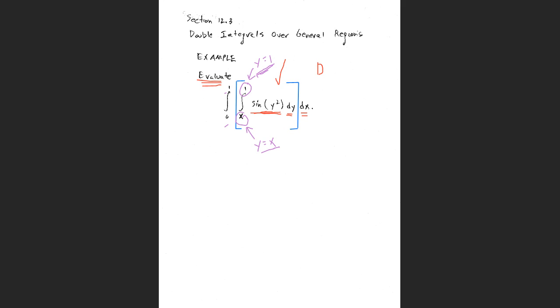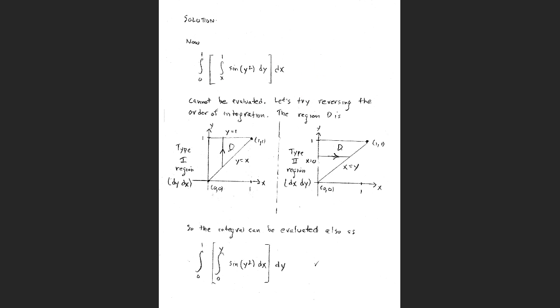So let's go ahead and go to the next page here. Okay. We're going to reverse the order of integration. What I've done on the left, again, I find pictures very helpful. On the left here, I've drawn my region D as a type 1 region.